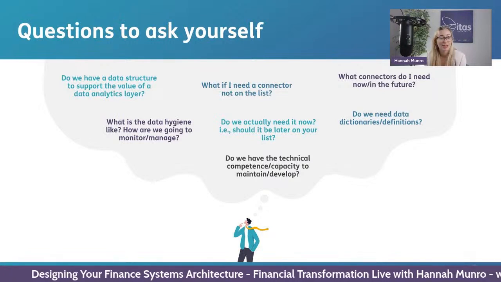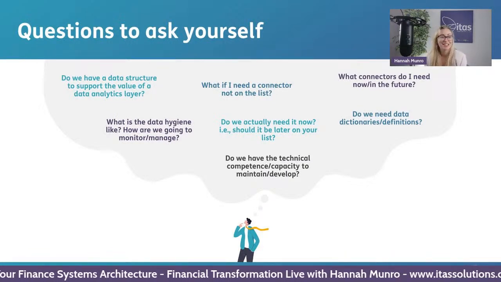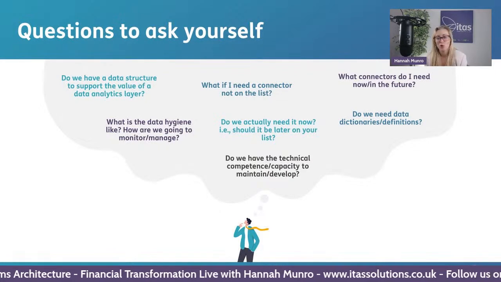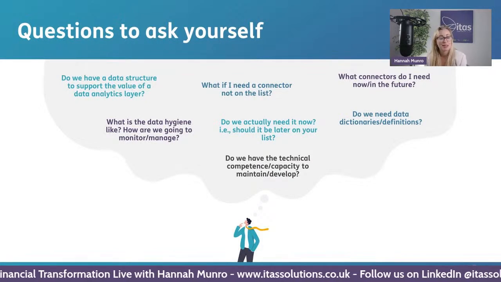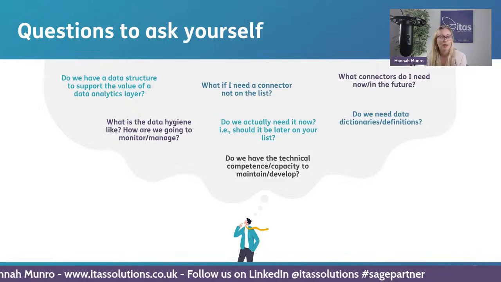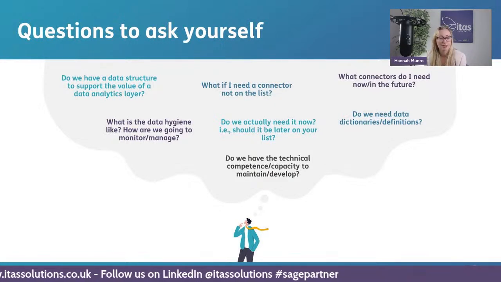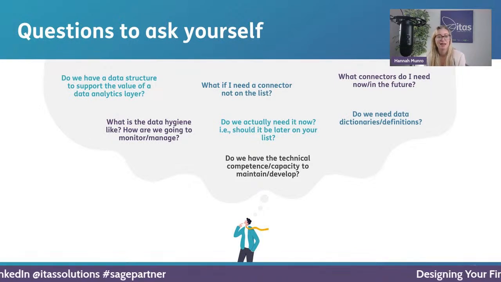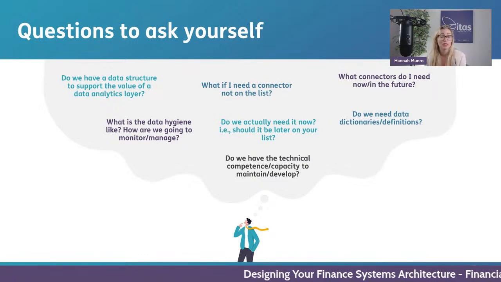And I've used the term financial systems architecture or systems strategy, because it is about trying to be very forward thinking about how I structure my financial systems in a way that builds agility, flexibility, and future proofs as much as possible for the business and the finance team.